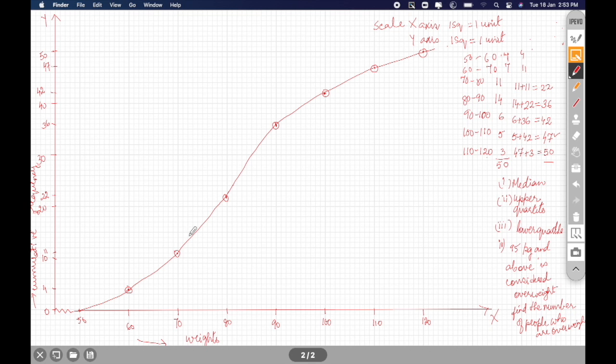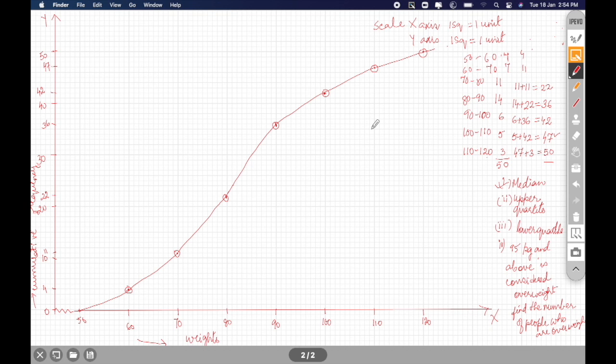Now since this is a freehand curve, the information that we are going to obtain for the median, the upper quartile, lower quartile and so on will not be accurate. It will give you an approximate value for each of these questions because this is a freehand curve.